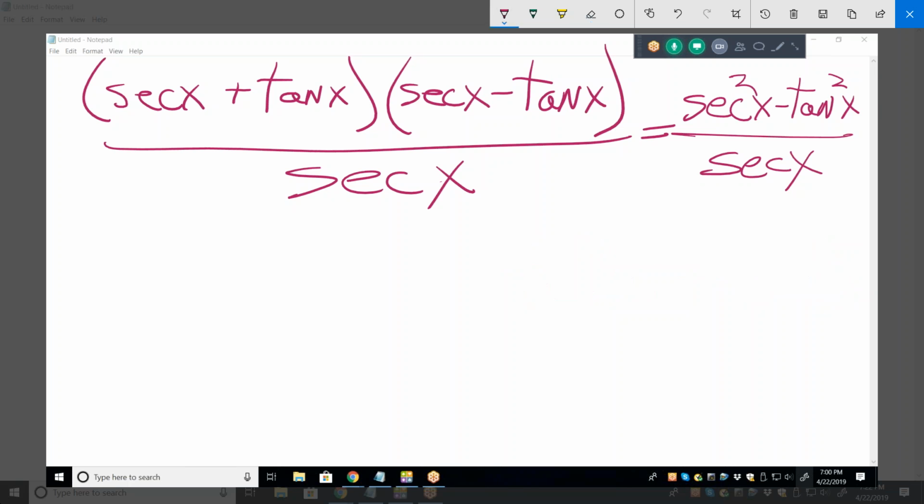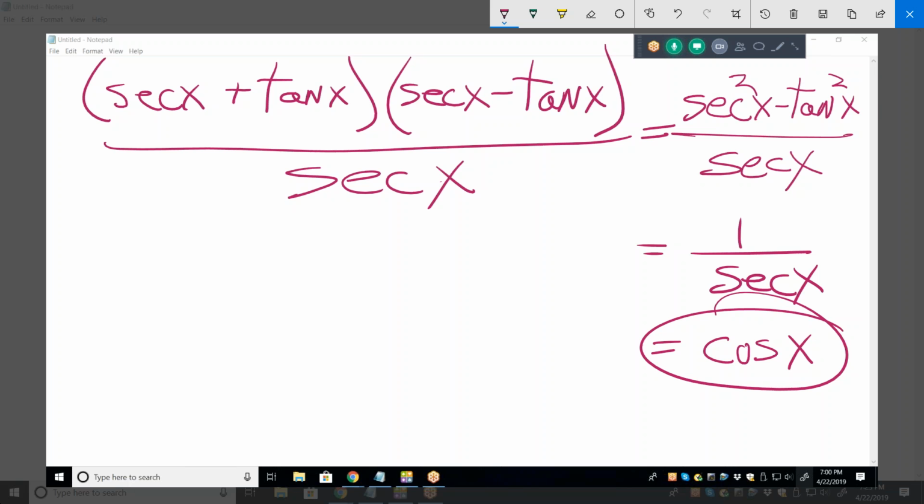So the right side now becomes this. And there's another convention where you don't leave a trig function in the denominator if you can put it in the numerator. So that becomes cosine of x. So that's the right side. I did not convert these things to sines and cosines.